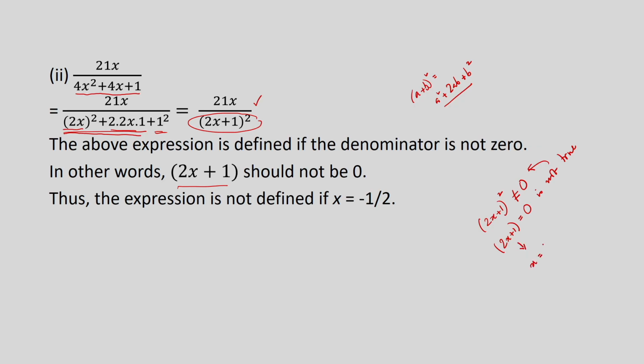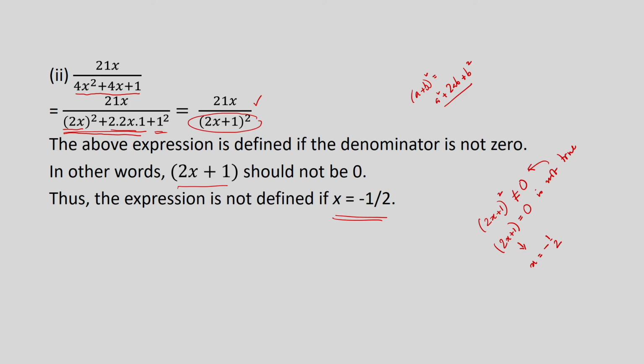It means x is equal to minus half. Okay. So, that is what I have written here, that if x is equal to minus half, then the denominator becomes 0, and if the denominator becomes 0, then the expression that is given is not defined. Okay. So, this is the answer to the second part.